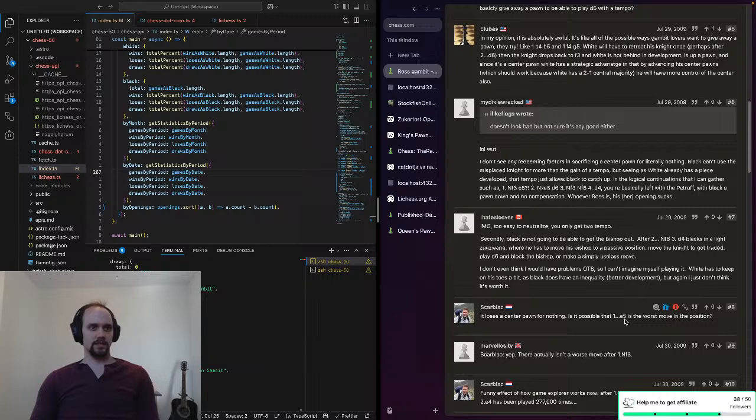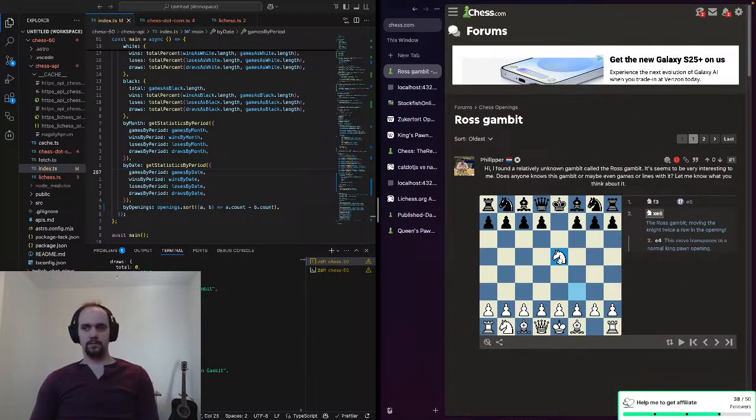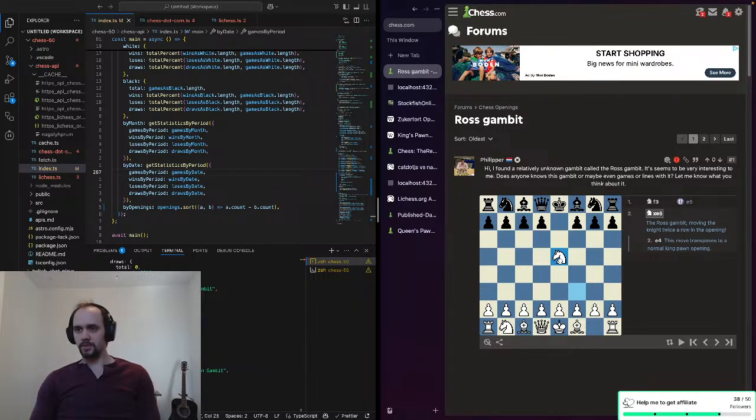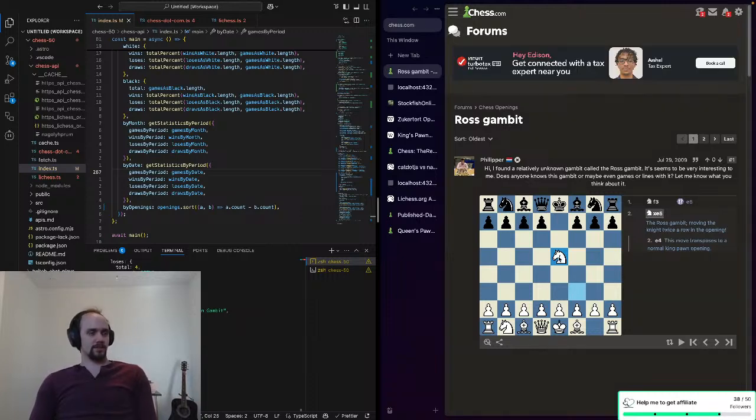It is possible that e5 is the worst move in that position. I don't think taking the pawn is why you lose. I get that. But it makes me wonder what goes wrong with this game. And so maybe I should analyze, okay, this is not supposed to be losing. What do I do wrong in these games?